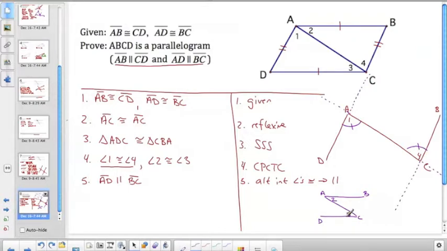Notice angle 2 and angle 3 are also alternate interior angles. And because angle 2 and angle 3 are congruent, AB and CD are parallel. So because it's the same reason, alternate interior angles congruent leads to parallel, I can put that here in the same step. So now we've proven both pieces that we wanted to prove. And we're done.